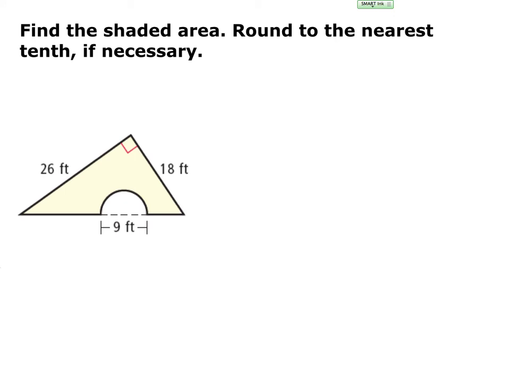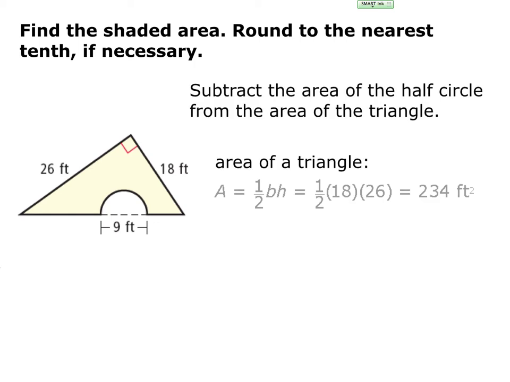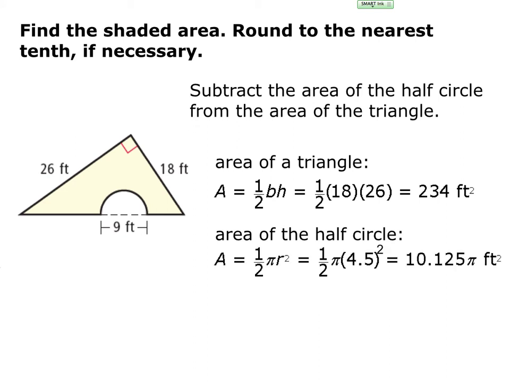Find the area of the shaded region. 42.25 pi. Okay, so you're doing 1/2 of pi r squared. Radius is 4.5, okay? So 1/2 of 4.5 squared times pi. 4.5 squared must have been like 20.25.